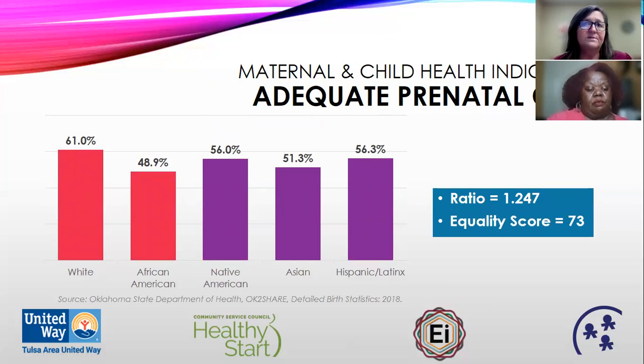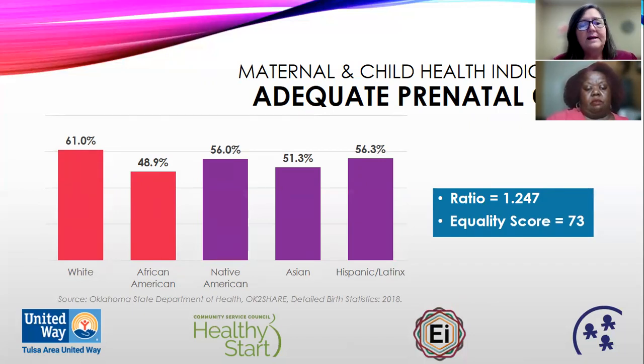Shifting now to indicators that are specifically and directly related to maternal and child health, we start with the share of women giving birth who received adequate prenatal care, which is defined as beginning care during the first trimester of pregnancy and having at least 10 total prenatal care visits. Prenatal care is considered a key contributor to birth outcomes.